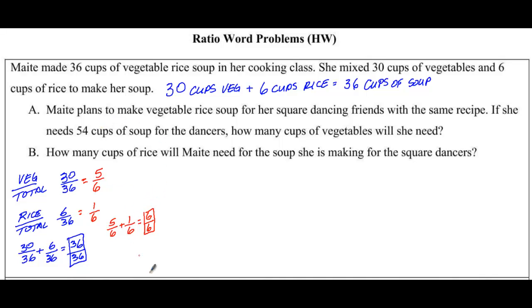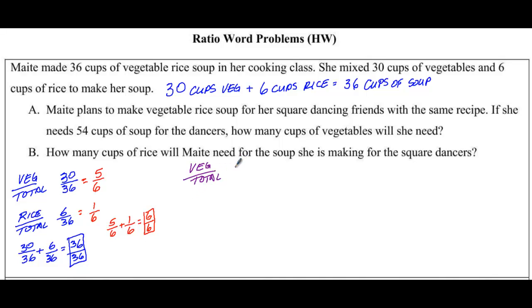All right, so now let's take a look at question A. Mate plans to make vegetable rice soup for her square dancing friends with the same recipe. If she needs 54 cups of soup for the dancers, how many cups of vegetables will she need? So they're asking about the vegetables compared to the total.